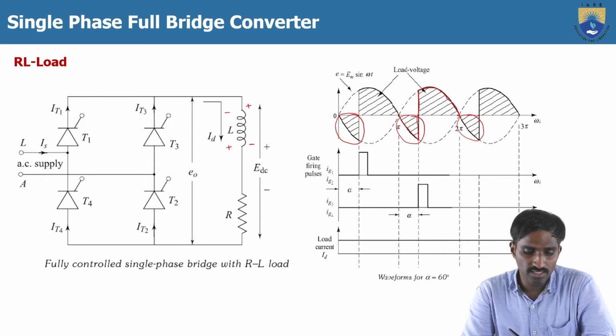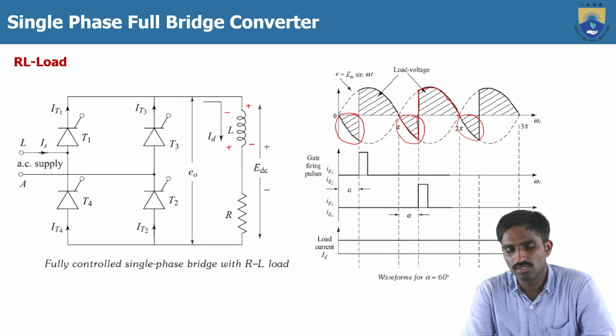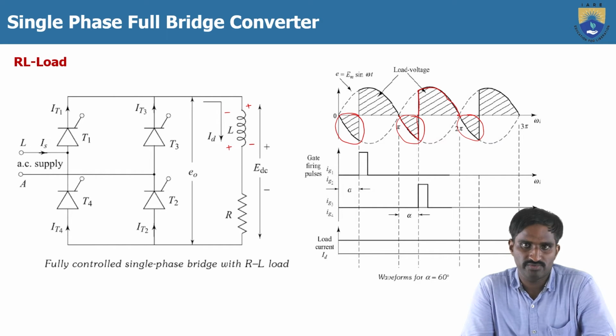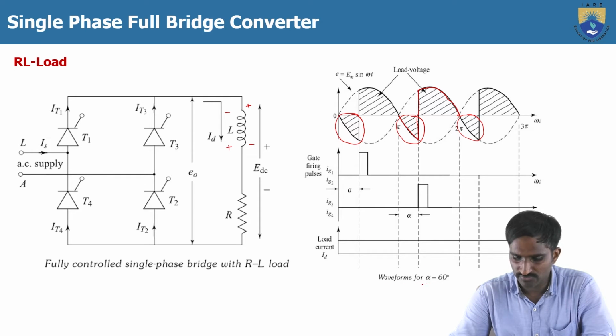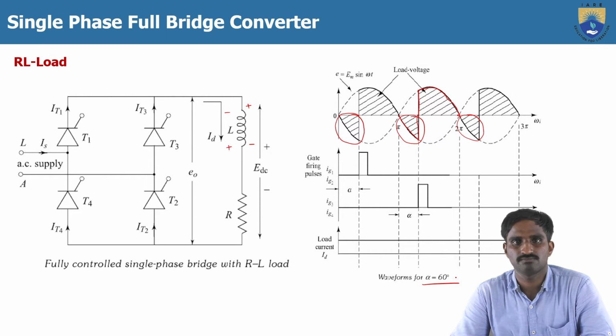That's why the full converter, especially the full bridge converter, is also known as a two quadrant converter. Why? These waveforms were considered for alpha equal to 60 degrees.